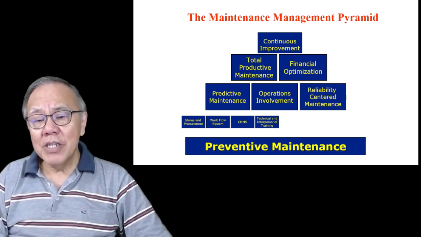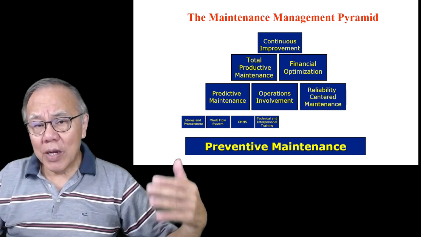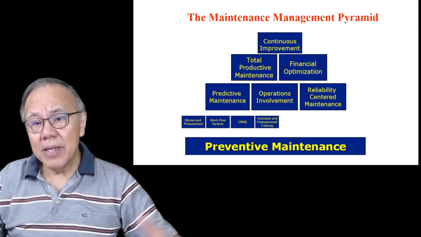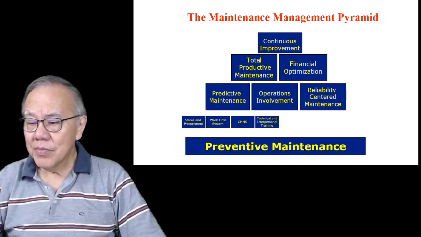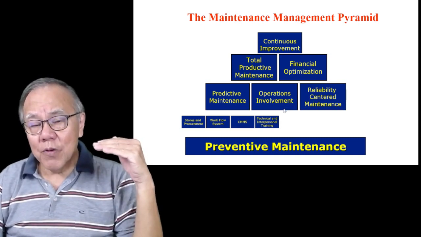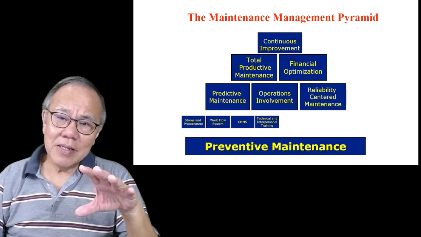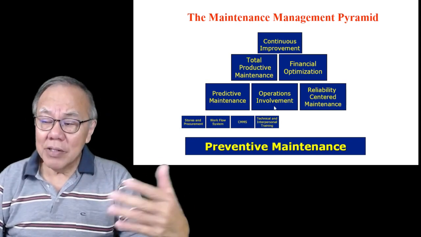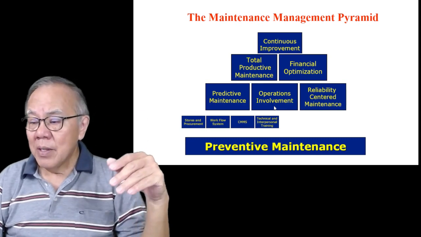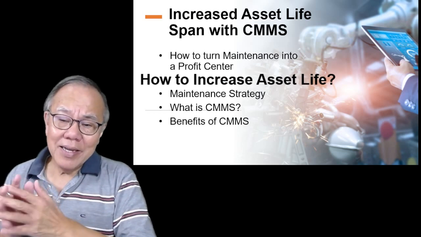And undergirding all these programs, you need to have a good preventive maintenance plan. So therefore, in order to improve our maintenance into a profit center, we need to tackle all this and be aware of that.